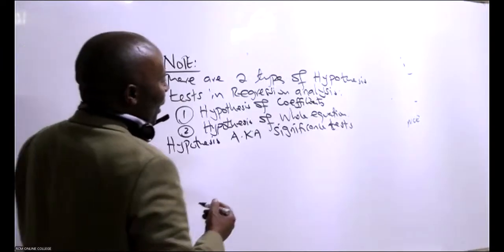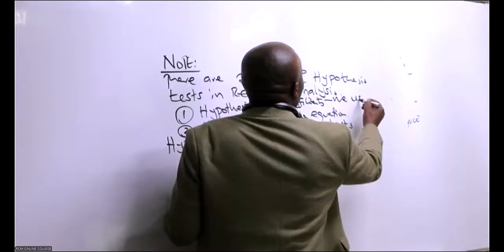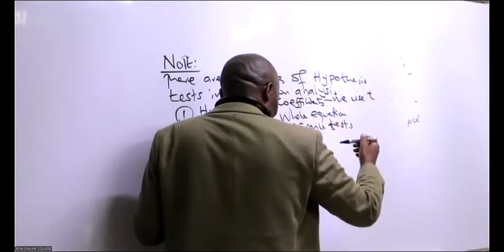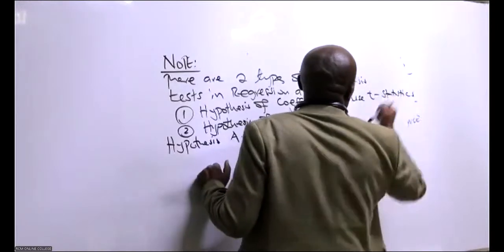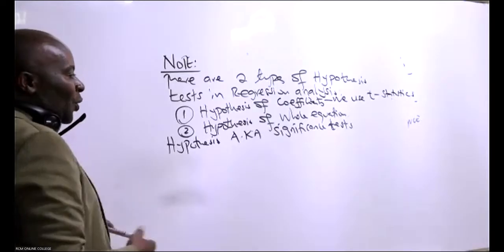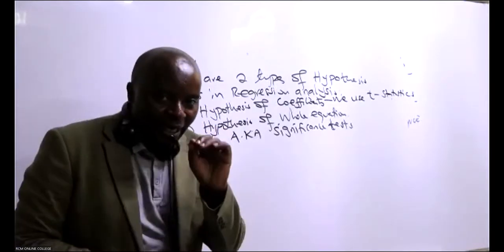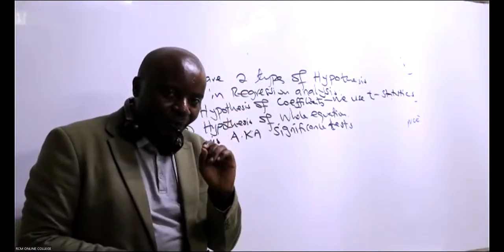Ladies and gentlemen, for hypothesis of coefficients, we use T statistics. If you remember very well from our last class, we said the higher the T statistic, the more significant a coefficient is.